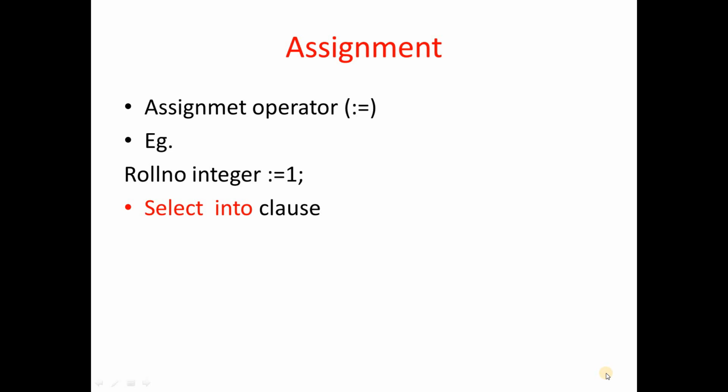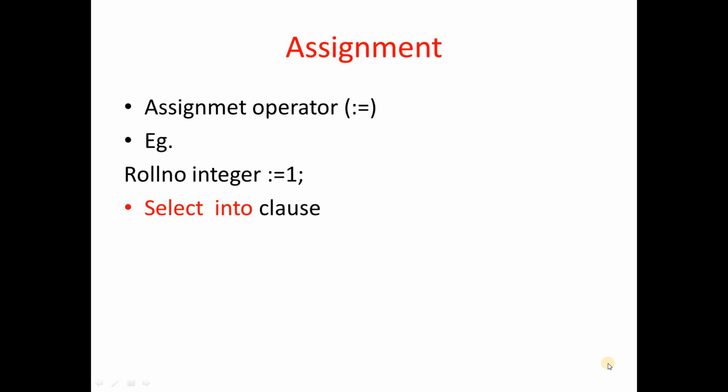And then last, the assignment operator. The assignment operator in C is simply equal to, but here we have to use the colon equal to operator. For example, we declare a variable roll number of type integer, and we assign the value 1 to our roll number variable by using the colon equal to operator. Also we use the select into clause for assignment.